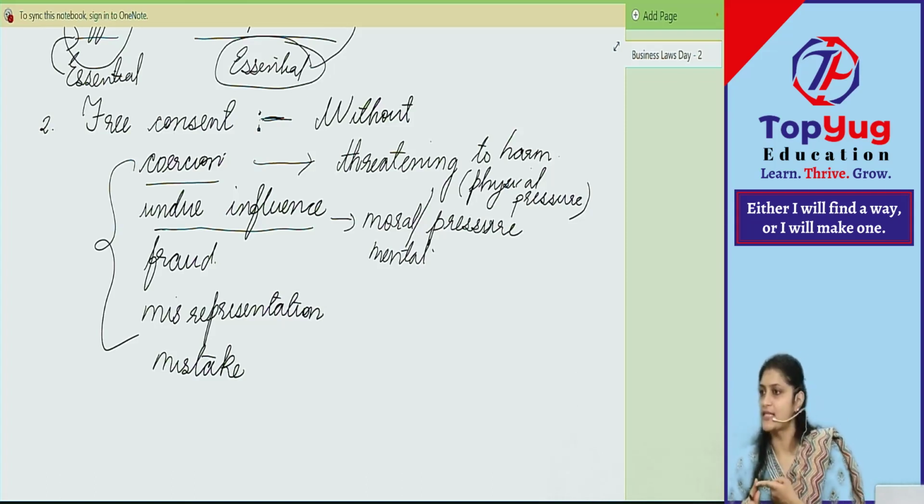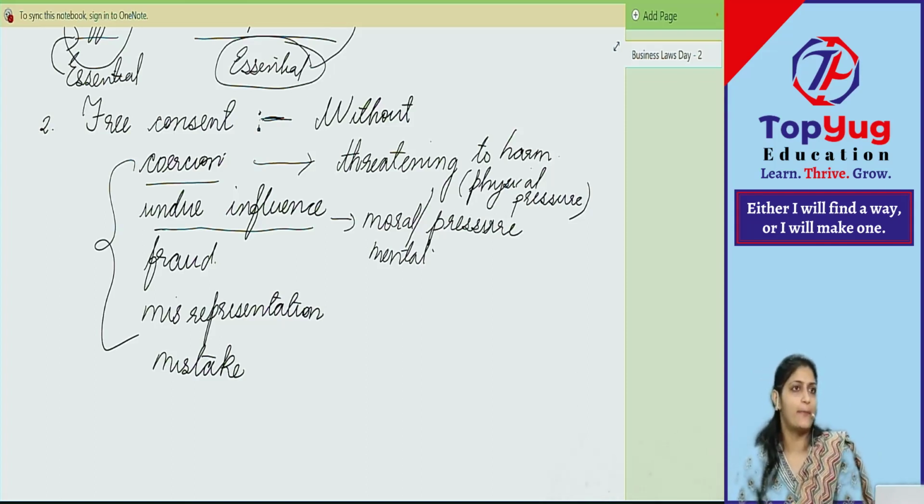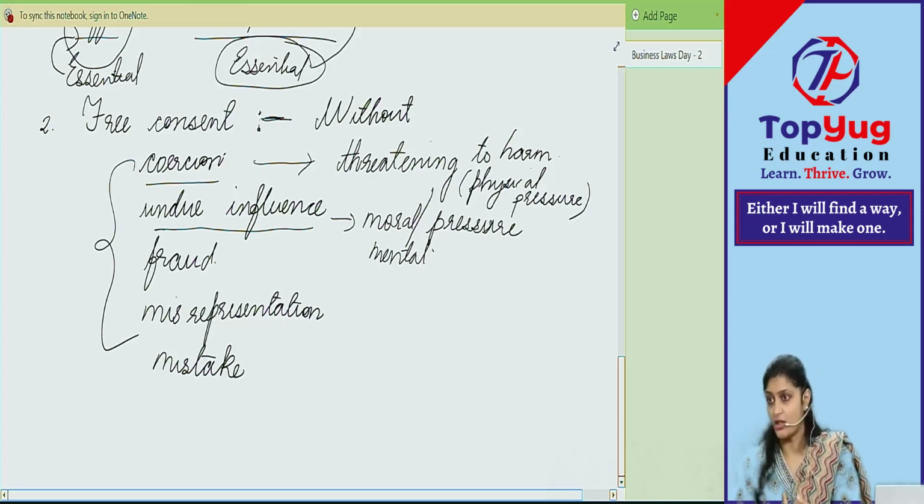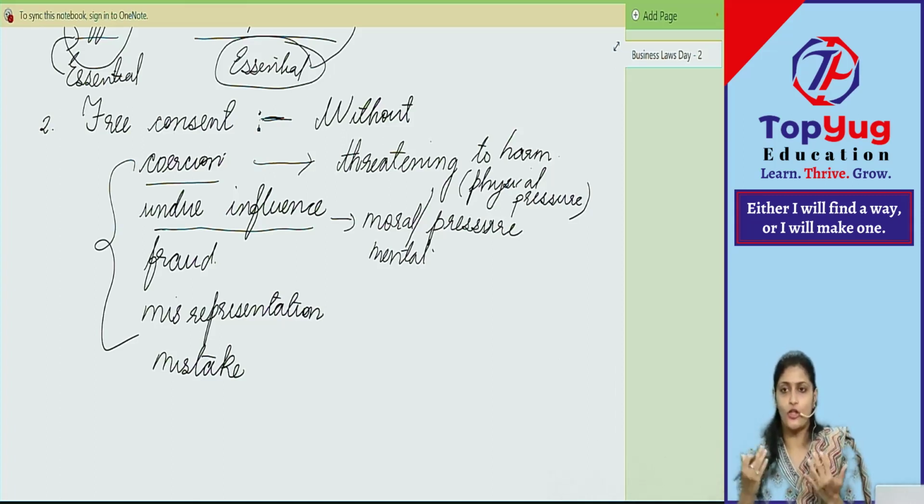Say for example, master and servant. Master is in a dominating position and servant is in a weak, dominated position. Or for example, doctor and a patient, where the patient will think whatever the doctor says I will listen, then only I'll be cured. So the doctor is in a dominating position and the patient is in a dominated position.